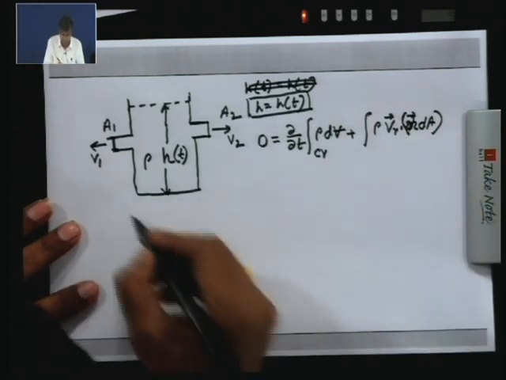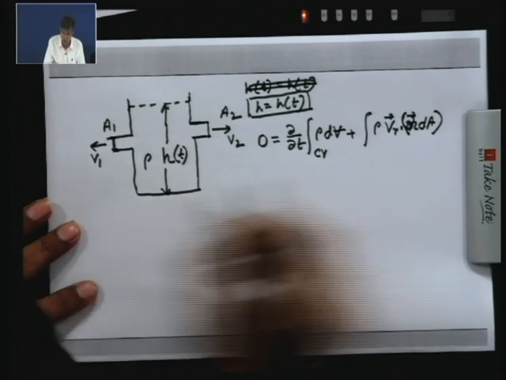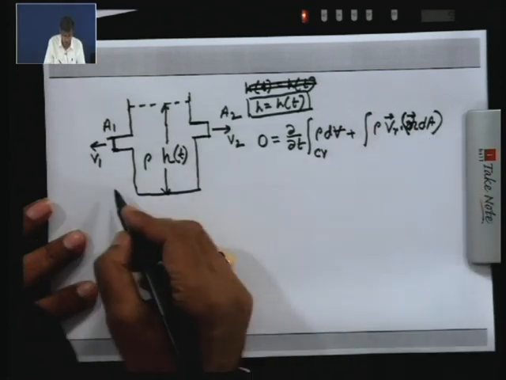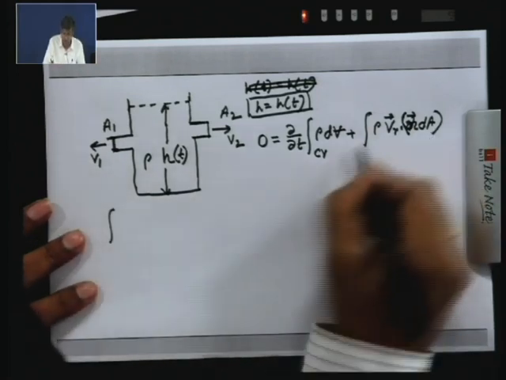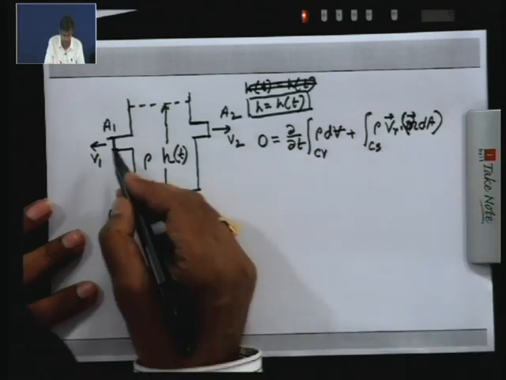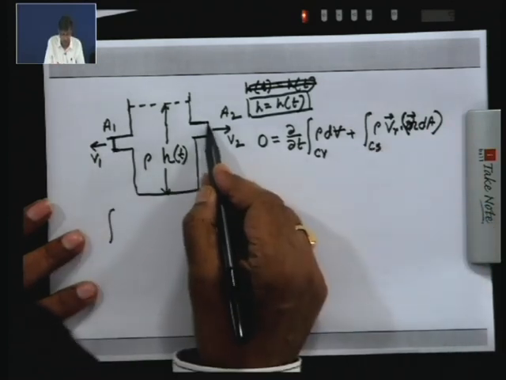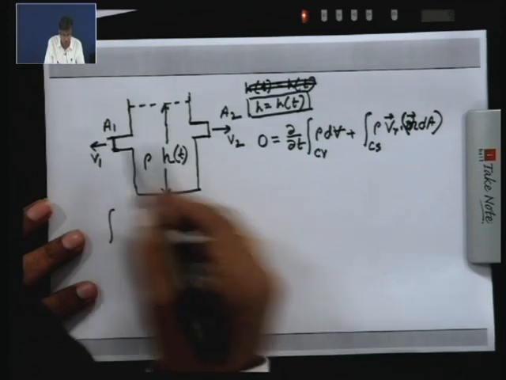Now, the second term is rho Vr dot n dA over the entire control surface. Here the flux is there only at A1 and A2.